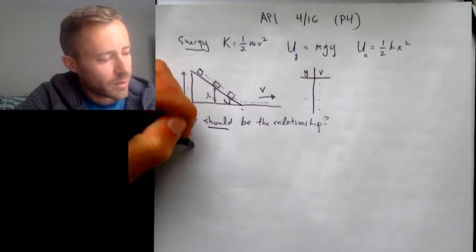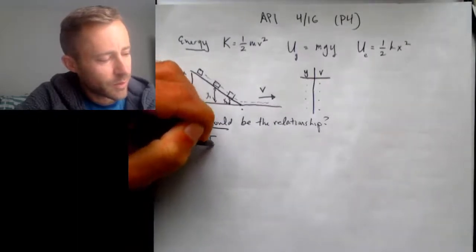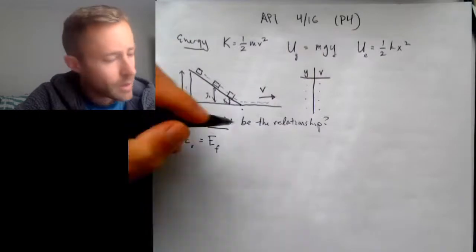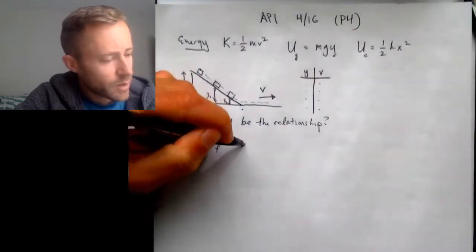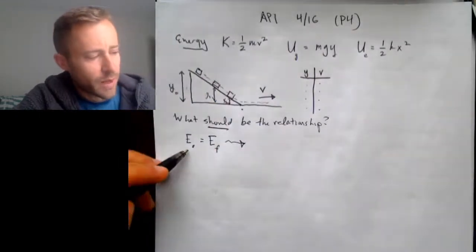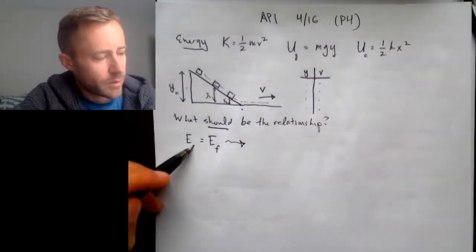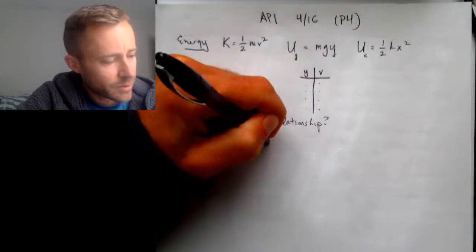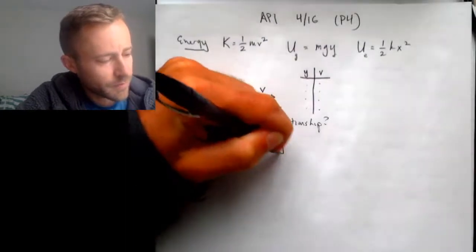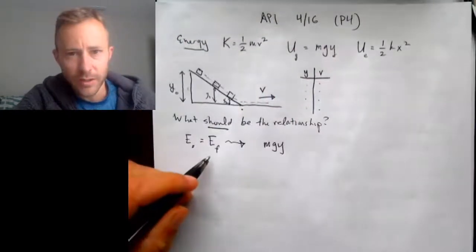So if we say initial energy equals final energy, that's the law of conservation of energy, then that means that the initial energy is gravitational potential. The final energy is kinetic.